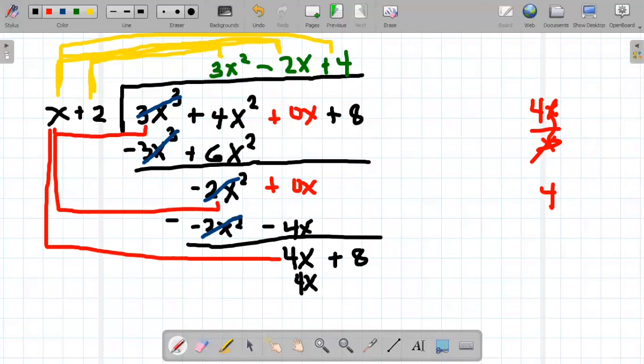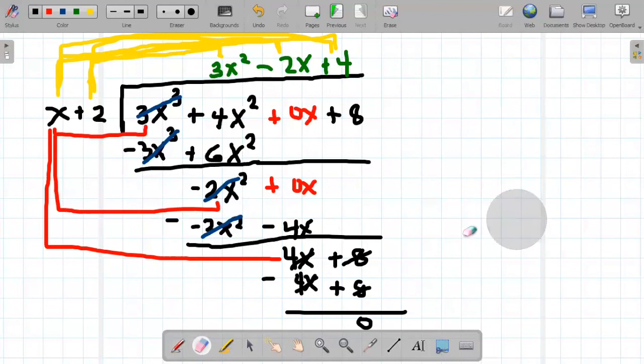Then you have positive 4 times positive 2, that's positive 8. Then, when we subtract, 4x minus 4x is 0, and 8 minus 8 is 0. So we don't have a remainder.